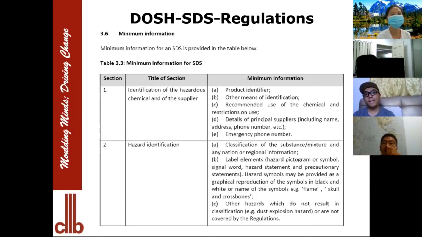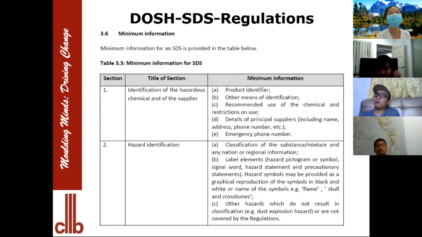So if it is trading, that means you have established a distribution network or whatever, and the products are only in transit, going to another country, then yes, you can use the origin country's SDS, because the country that it is in now is an in-transit country. But that also depends on the carrier, whether the carrier accepts it. Otherwise it won't.